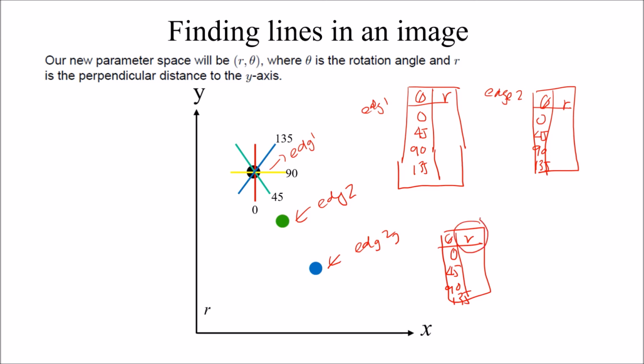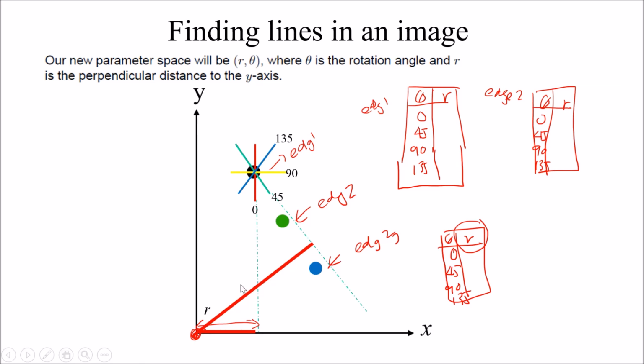r is actually calculated from the origin, from this origin here, to the perpendicular with respect to the angle. Let's say for the zero angle, your r will be calculated from this particular distance. For 45, we construct a straight line and then find the perpendicular magnitude.